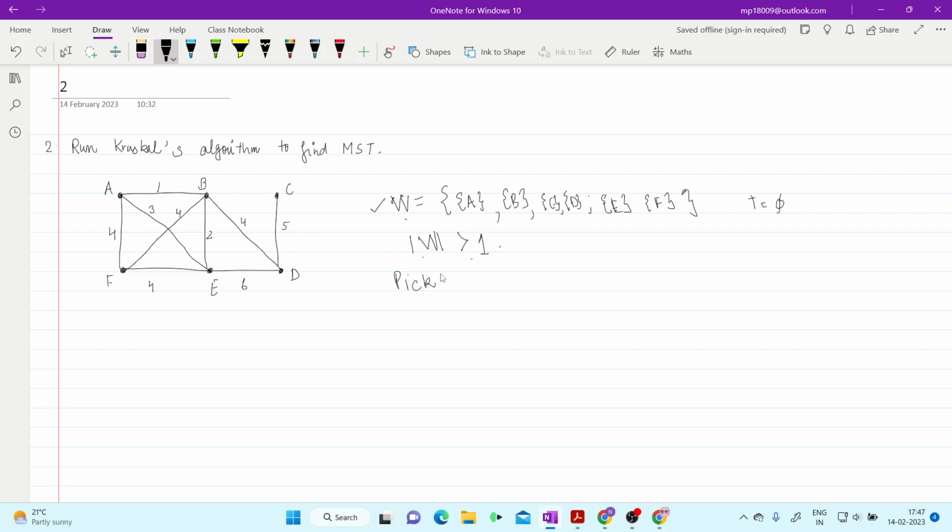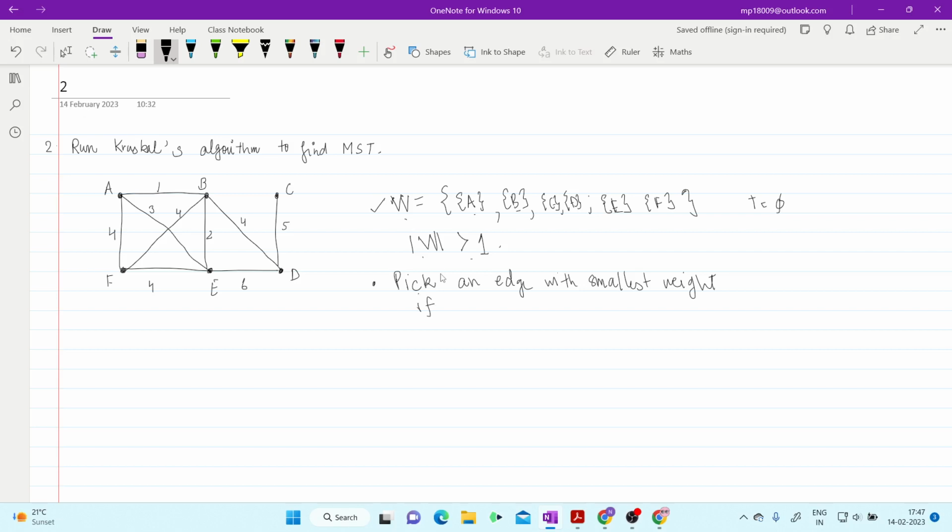We are trying to construct a minimal spanning tree, so the first step is to pick an edge with the smallest weight. AB, ma'am. Yes, AB is the smallest weight edge.